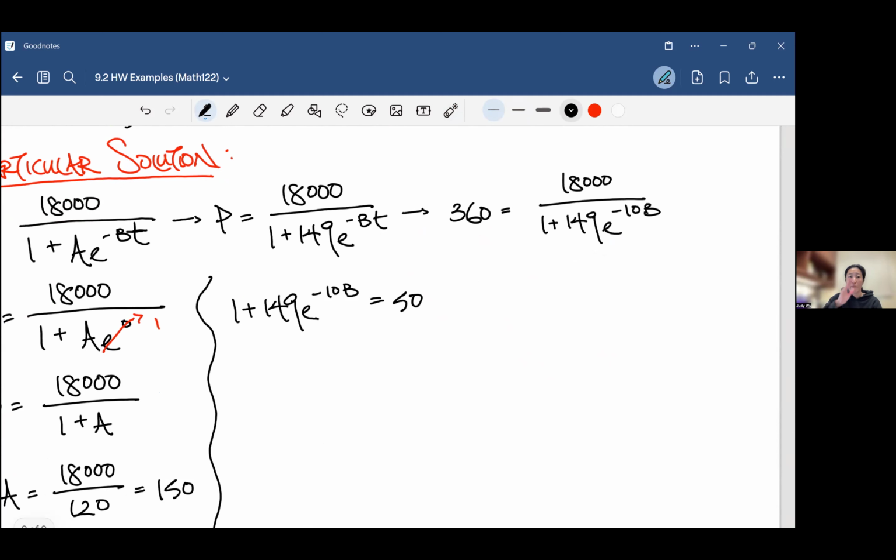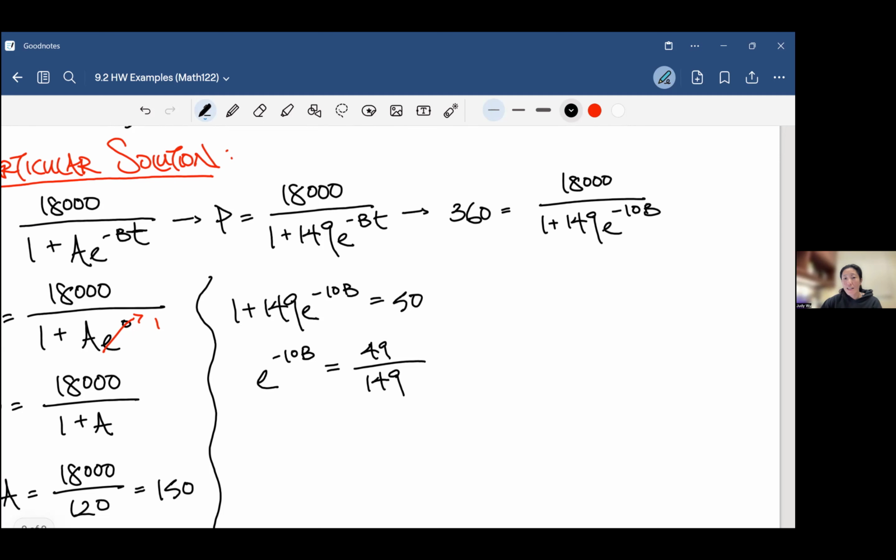Okay, I'm going to subtract the 1 and divide by the 149. This is going to give me e to the negative 10b equals 49 divided by 149.